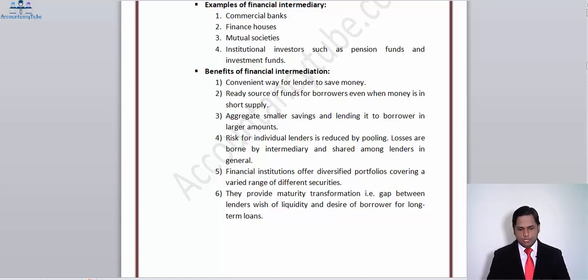Then we have financial institutions. The risk for individual lenders is reduced by pooling; losses are borne by the intermediary and shared among lenders in general. Even if the borrower defaults or is unable to pay its debt or is liquidated, the people who have their accounts in the bank are not affected by it.